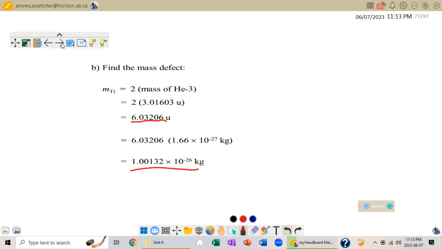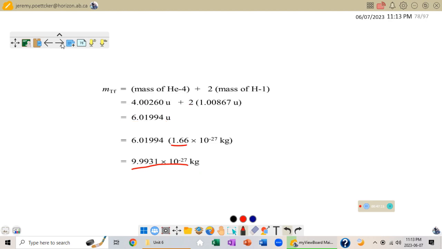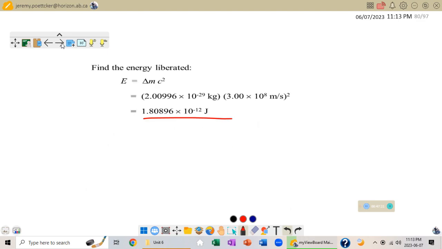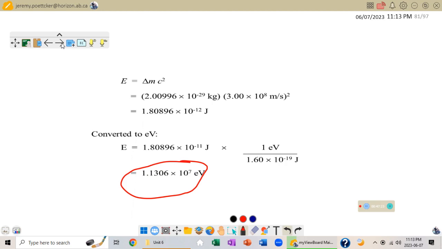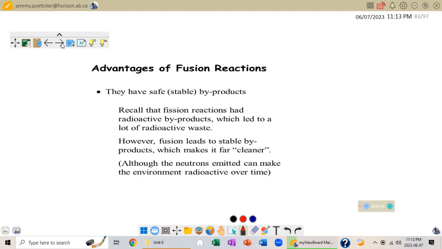Now, if we do this on scale with kilograms or tens of kilograms worth of atoms fusing, we get a lot of energy. Why would this be a good thing? Well, reason one, these things have stable, safe byproducts.